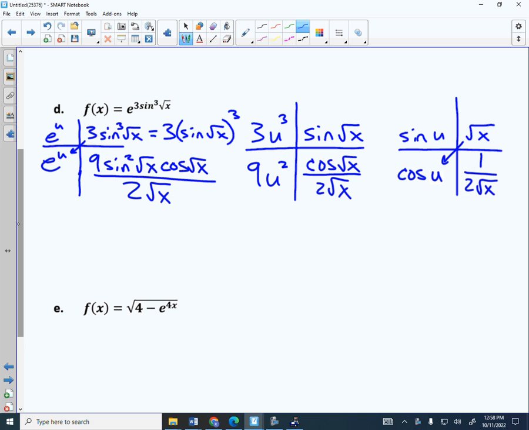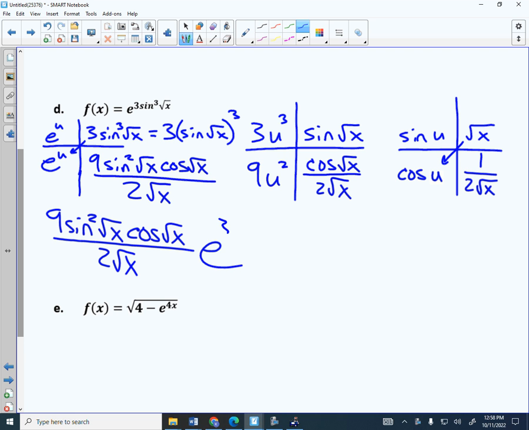And so now all we need to do is take this times that, right? So I'll write that 9 sine squared root of x times the cosine of the root of x over 2 roots of x times e to what? That's my derivative.